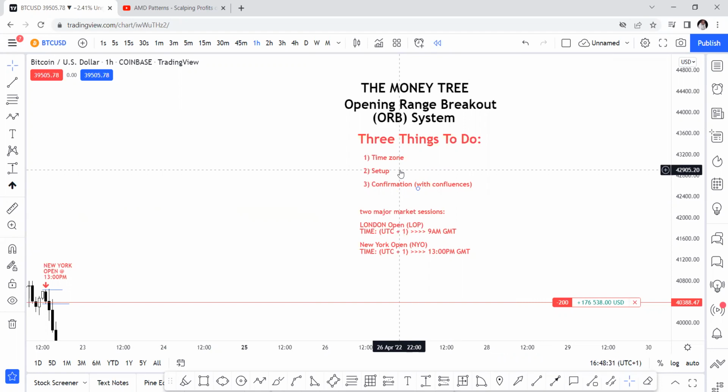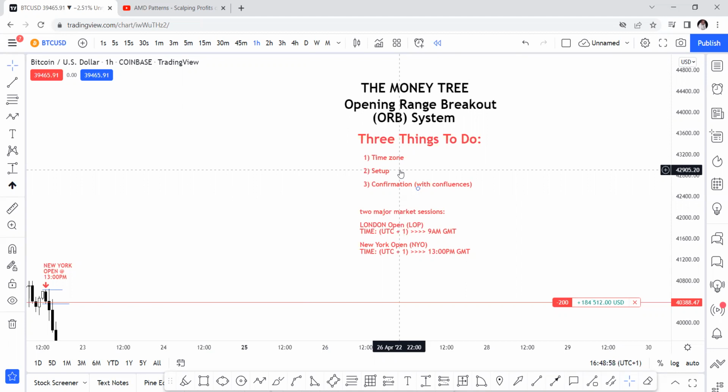You need the time zone, then you need the setup, and you need the confirmation. You don't really need much market analysis. Just time yourself with the opening market session, which is London and US. But I prefer to trade New York because there is so much more volatility in New York than London.